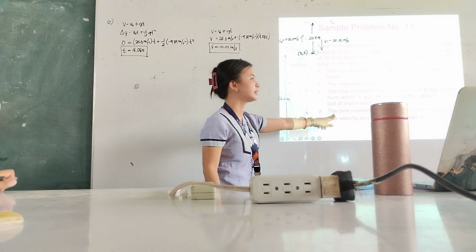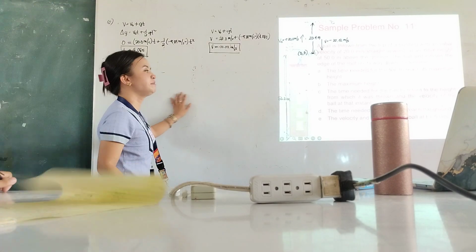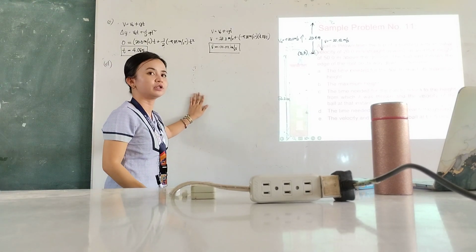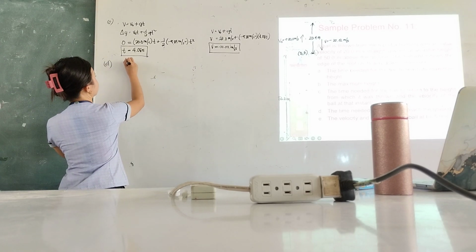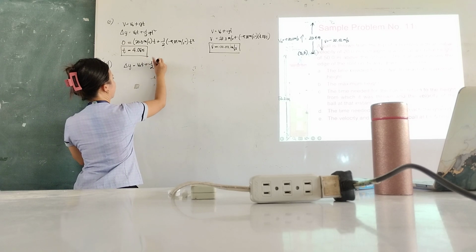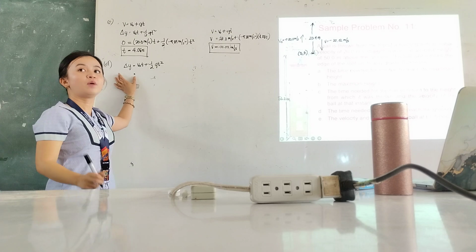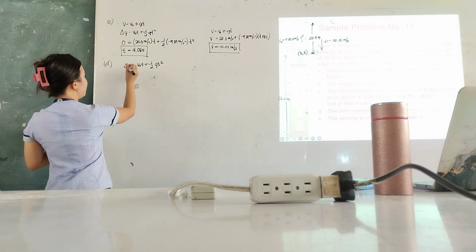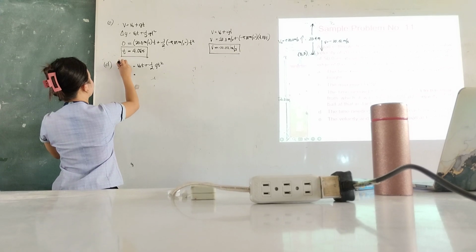So let's find letter D. Time needed for the ball to reach the ground. So what equation to use? For this one, what is our delta y?